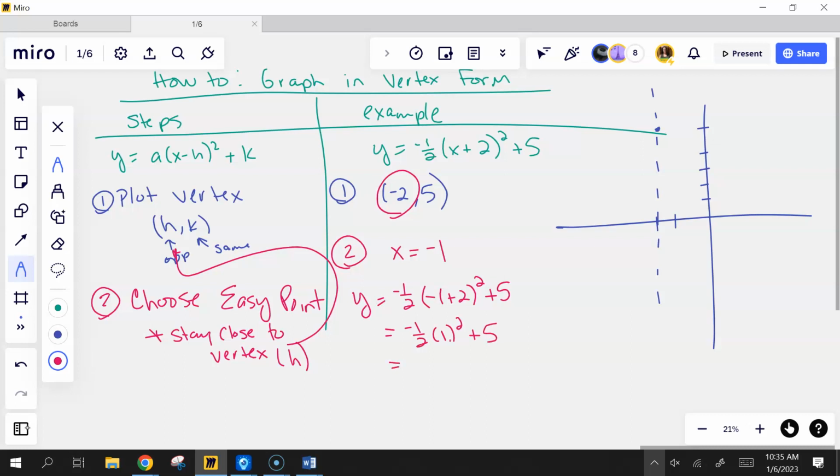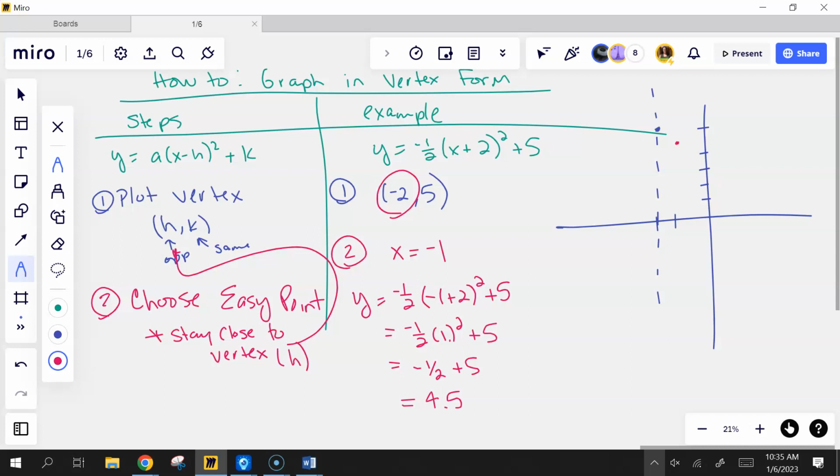Negative 1/2 times 1 is negative 1/2, and negative 1/2 plus 5, I'll do a decimal for y'all since y'all like them, is 4.5. That's the most work you will do with vertex form.